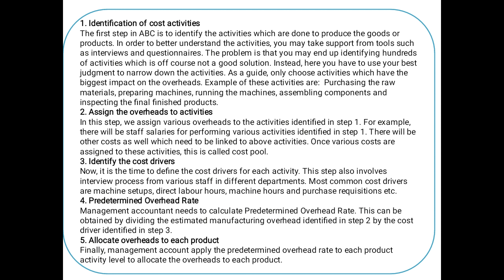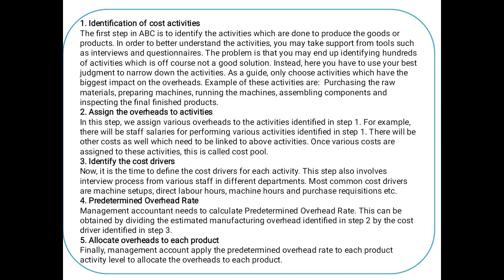This is the formula for the overhead rate: we aggregate all the estimated manufacturing overheads from step two and divide by the cost driver, which, as I already said, is the base on which you distribute or assign the overhead cost. So you can identify the overhead rates charged for those activities.